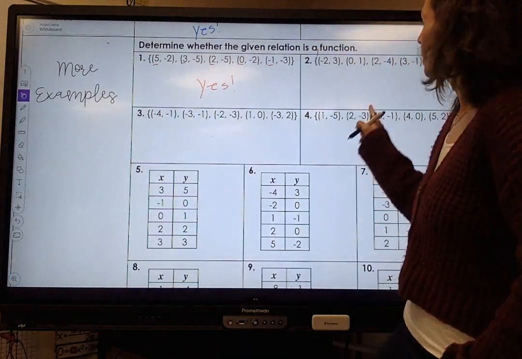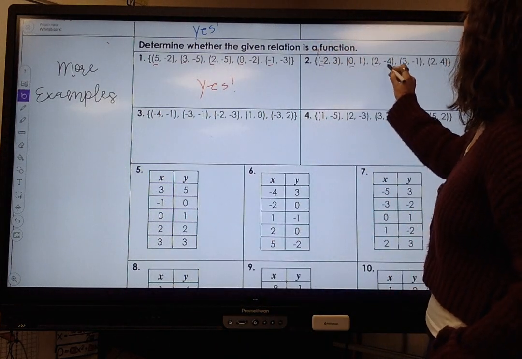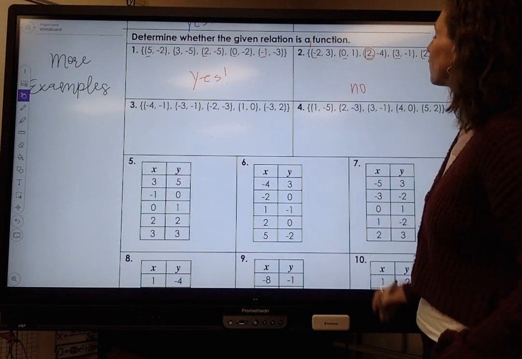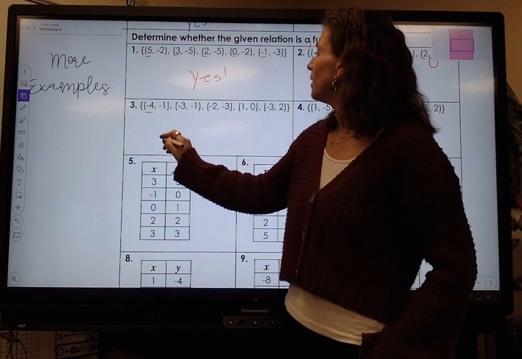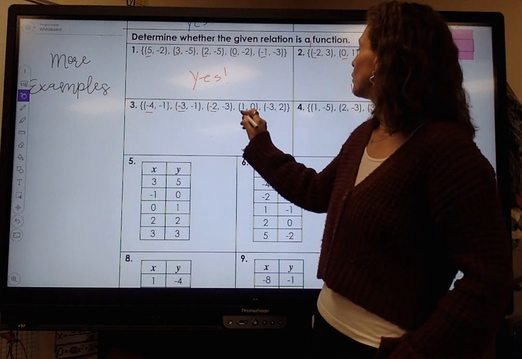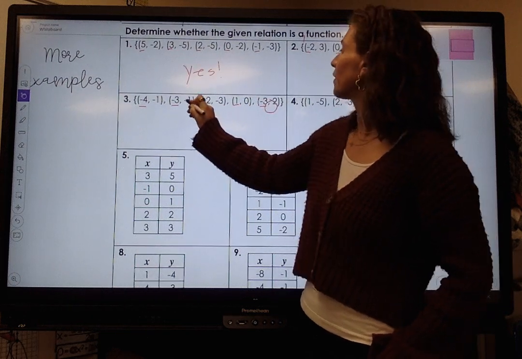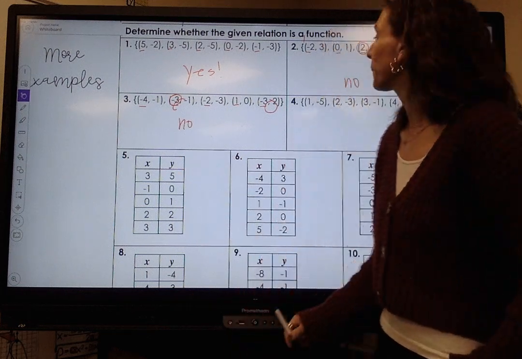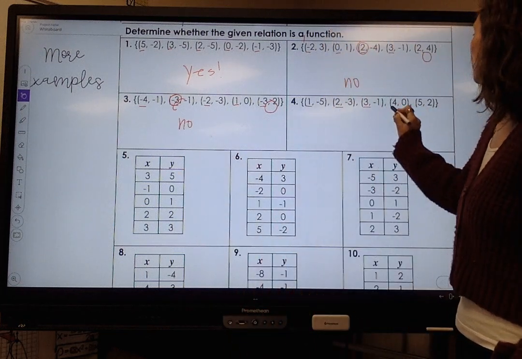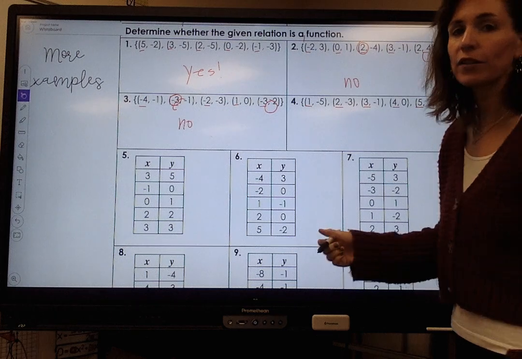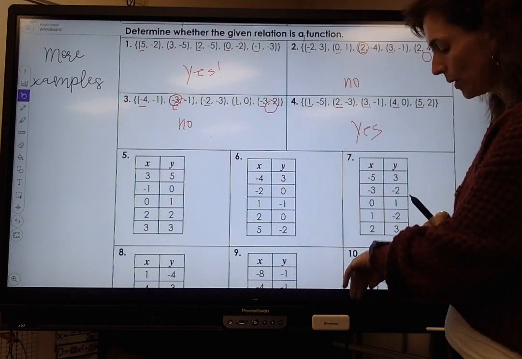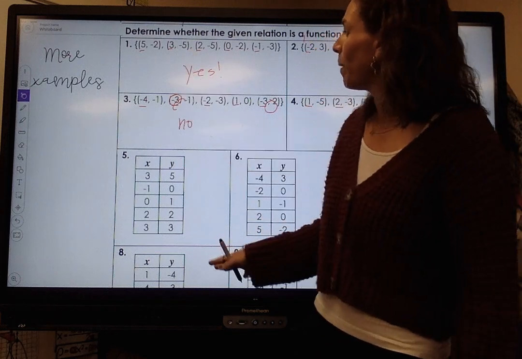So that one's a function. -2, 0, 2, 3, 2, look at my 2 value, it repeats, not a function. -4, -3, -2, 1, -3. Look at that -3 value. It repeats. Not a function. 1, 2, 3, 4, 5. X values don't repeat. Yes, it's a function. Okay, that's how we look at it from ordered pairs.